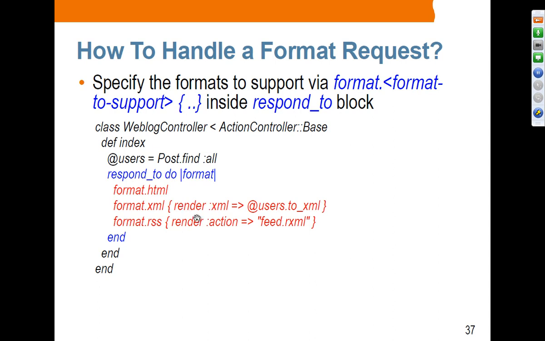It's going to render XML, which is generated from users to XML. And if it is RSS, then the action is the feeds.rxml file. Whatever logic here will be used to create XML or JSON. So it's very simple in Rails to generate XML, JSON or RSS, whatever format is requested from the client.